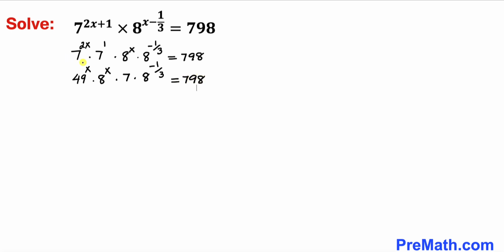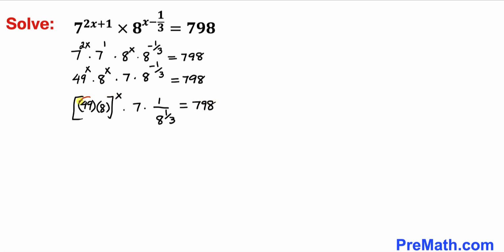And now this whole part could be written as (49 times 8)^x times 7, and then times this thing could be written as 1 divided by 8^(1/3) with a positive exponent, equal to 798.